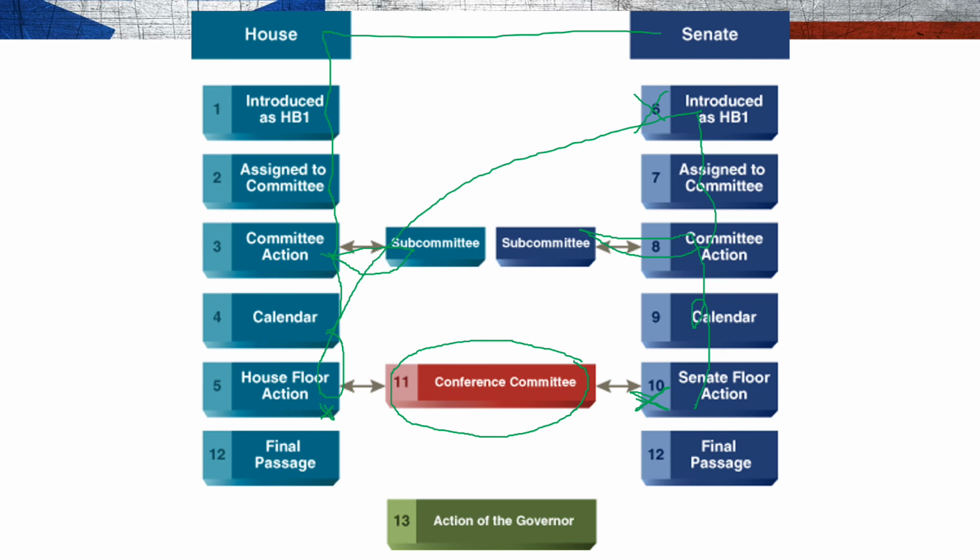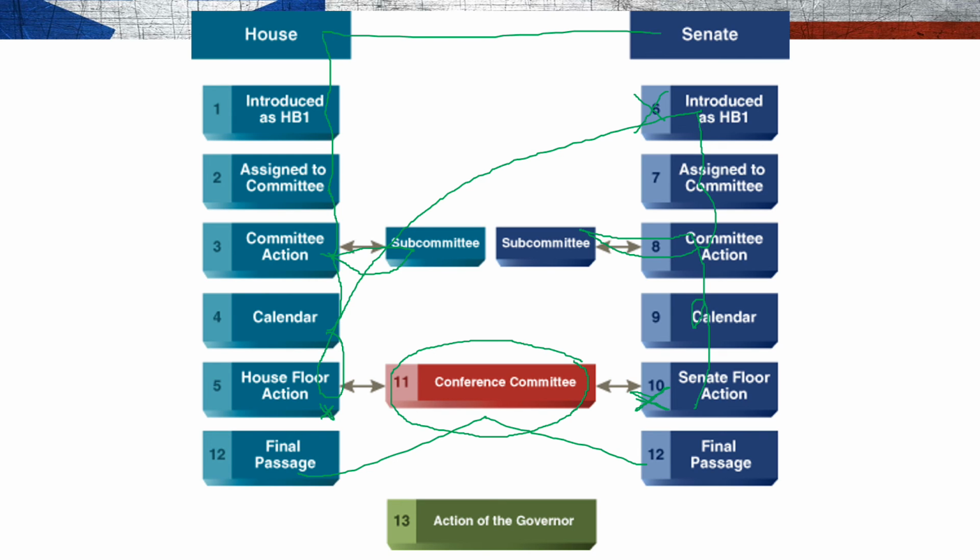And so once the conference committee has worked that out, then the one bill is sent back for final passage of each of the chambers.